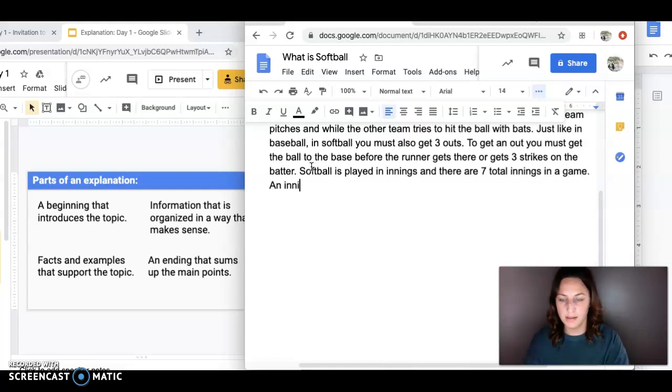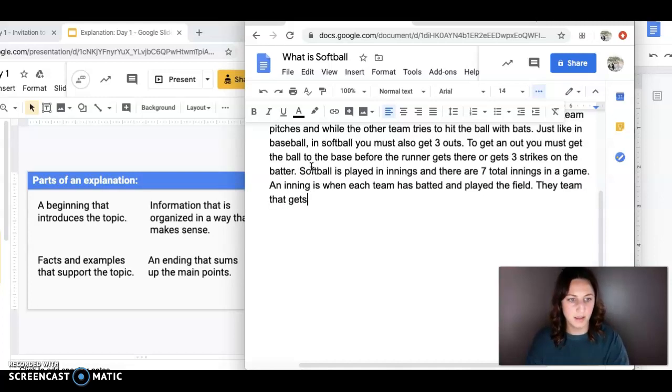An inning is when each team has batted and played the field. The team that gets the most runners around the bases is the team that wins the game.